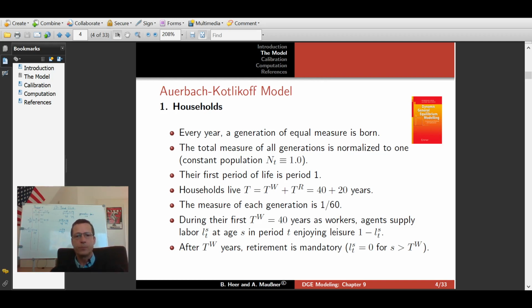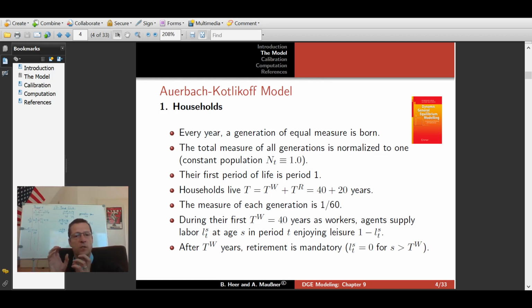So every year, every period, a generation of equal measure is born. Since we consider 60 generations, 60 different cohorts, this means that each cohort has size 1/60, and the total measure is normalized to 1, so our total population size, N_T, is always equal to 1.